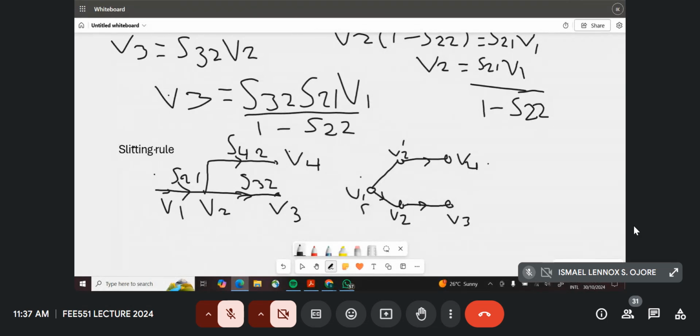So it's S21 and S32, S42. So after splitting, V2 will be equal to S21 V1.